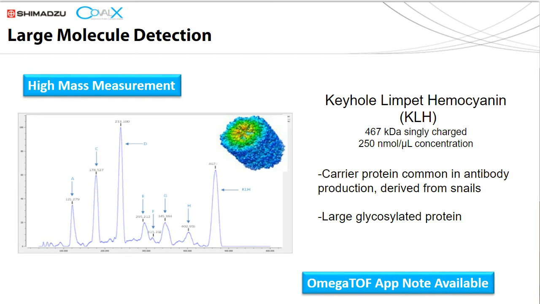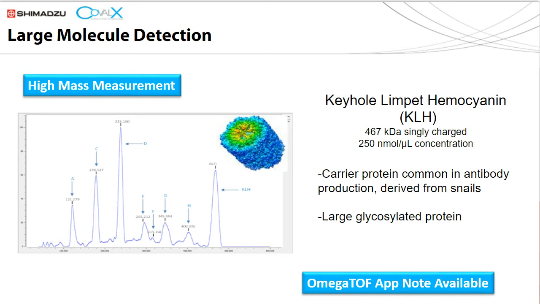Again, as we showed with the IgM, one thing unique to these very large molecules is that we measure them not just as a singly charged, although we do see that in this case at 467 kilodaltons, but we do see some double, triple, or quadruple charged, in this case at 230, 178, or 120 kilodaltons. But the largest ion and very direct detection is at 467 kilodaltons.